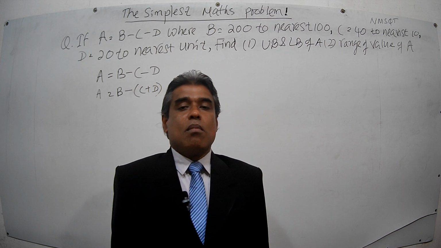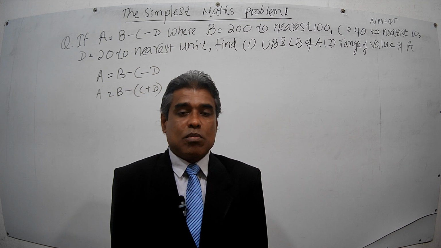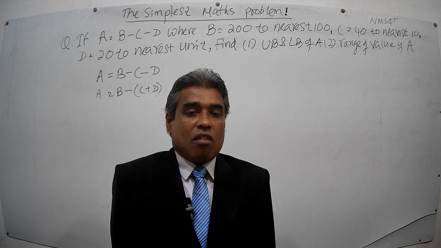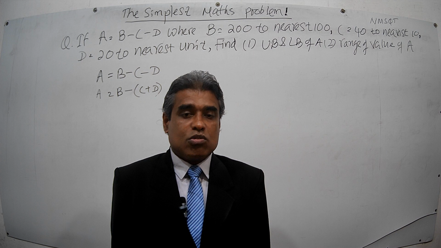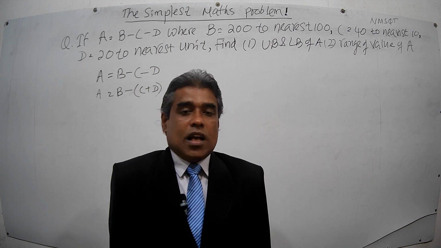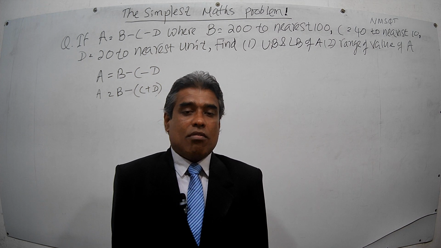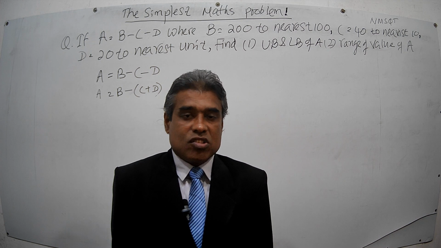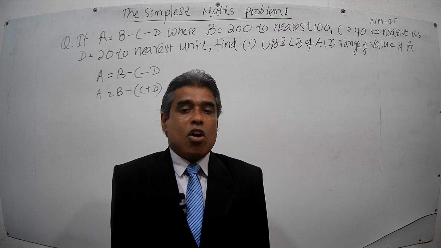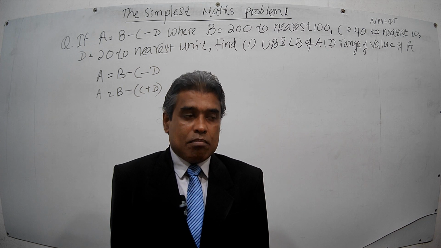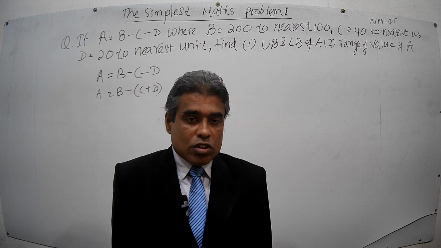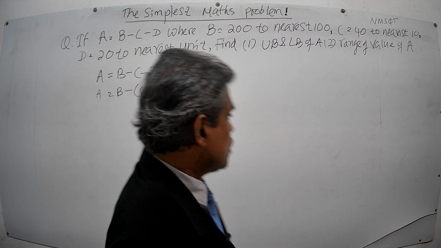Lower bound of difference of two corrected values is equal to lower bound of the larger number minus upper bound of the smaller number, right?